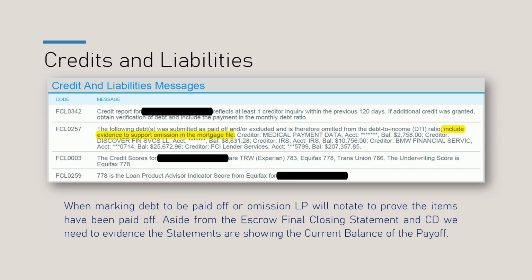So just make sure you guys are keeping an eye out for that stuff under the credits and liability messages, because you want to make sure that you're meeting those requirements. Like I was mentioning earlier about that dispute, that file was a bit of a nightmare having to figure out that dispute because it wasn't such a big balance, but it made a big impact. So we want to make sure that we're meeting all these requirements ahead of time.